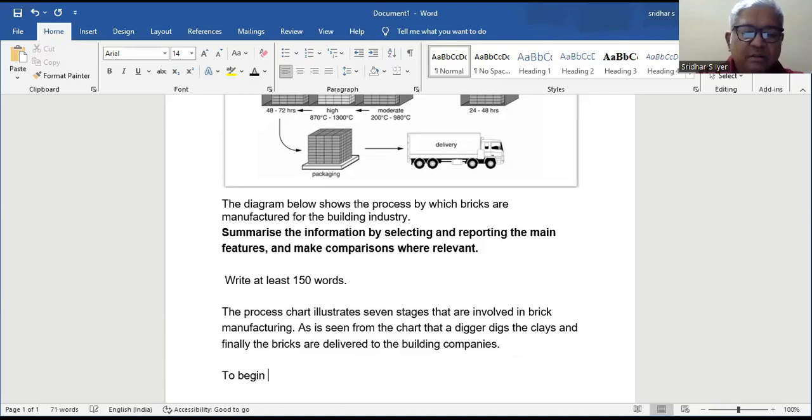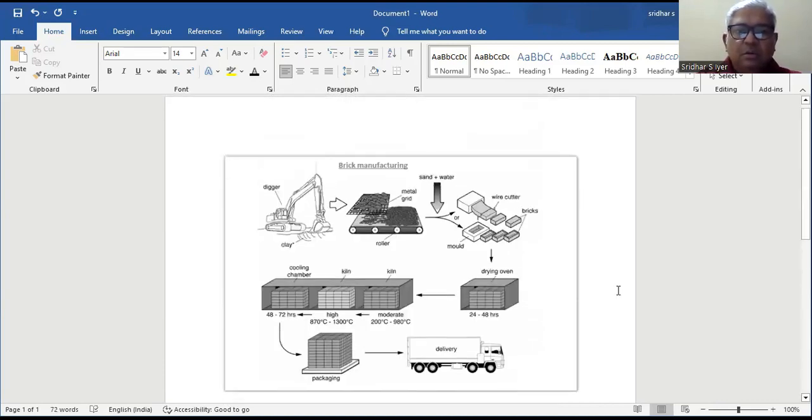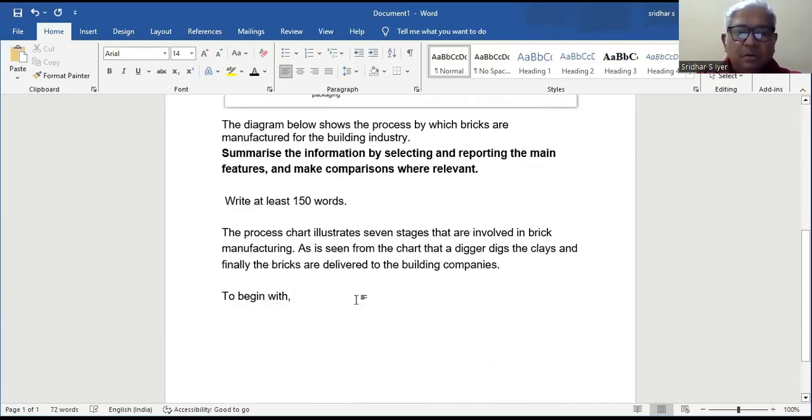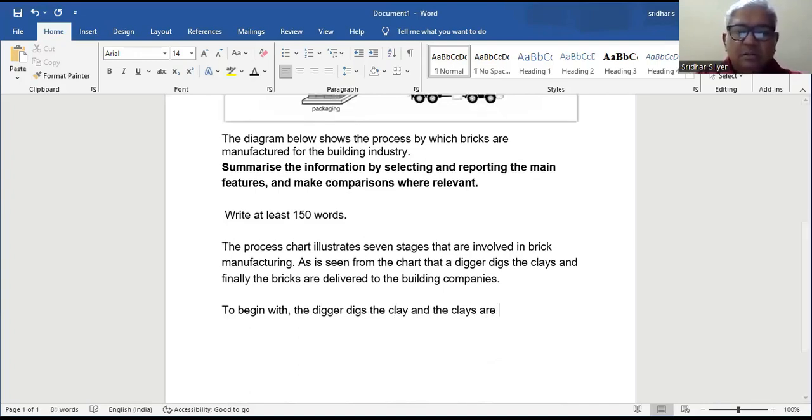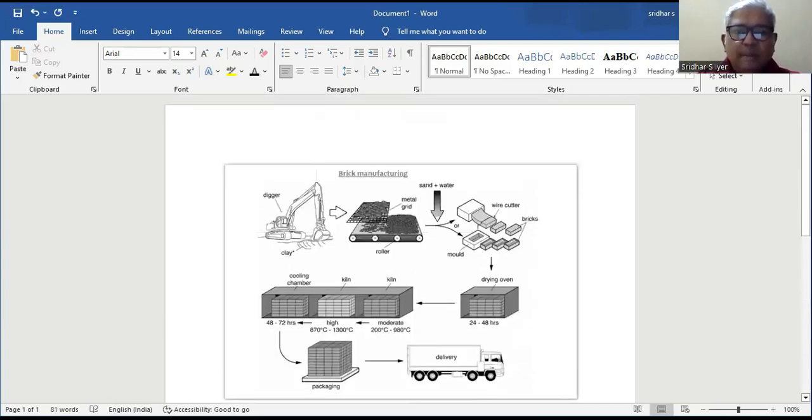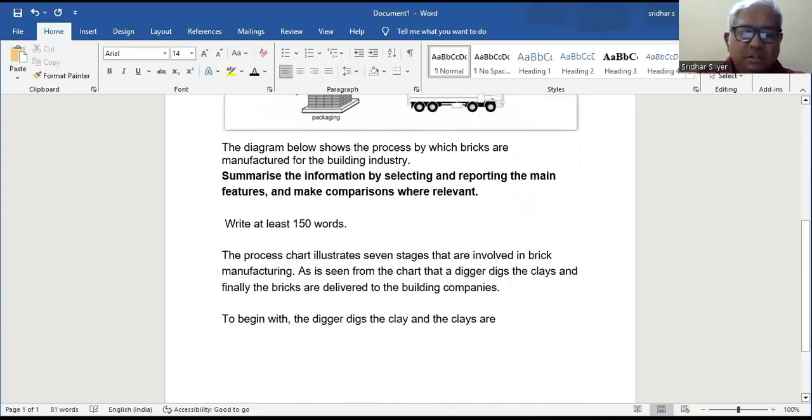To begin with, the digger digs the clay and the clays are sent to a metal grid with a roller on it, which sieves the clays into a finer particle.